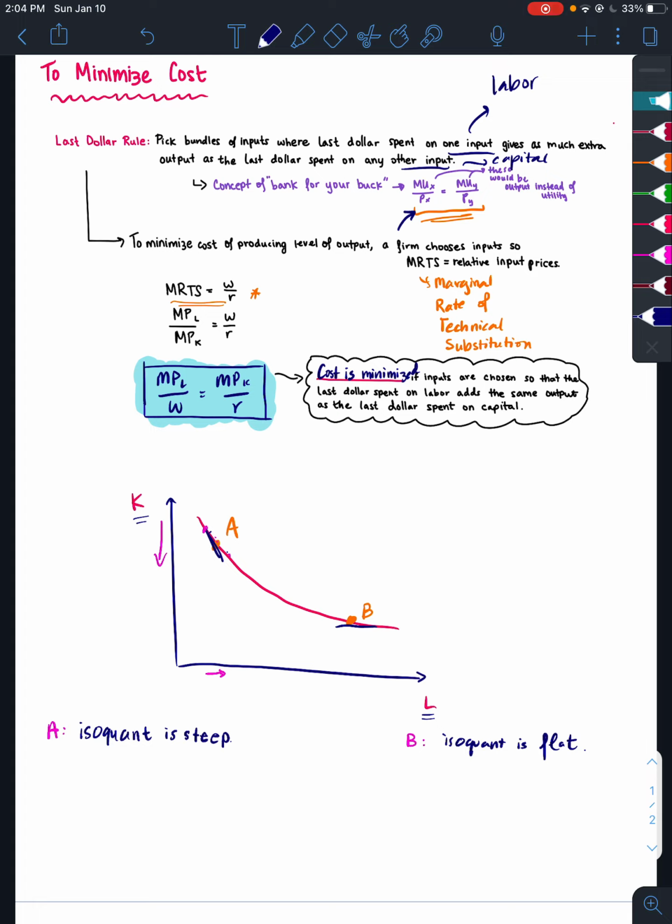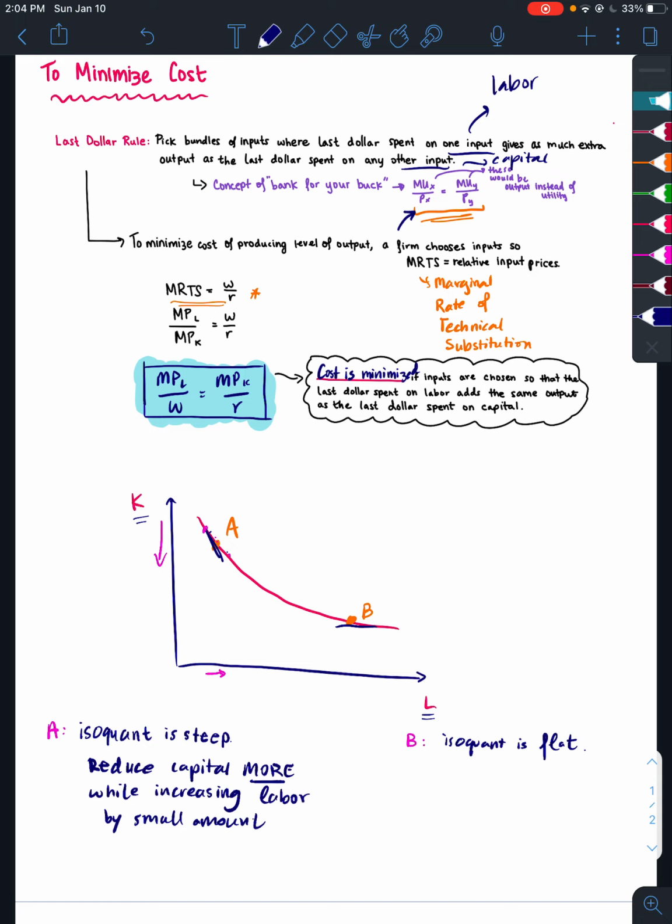So the firm can reduce capital more while increasing labor by a very small amount.